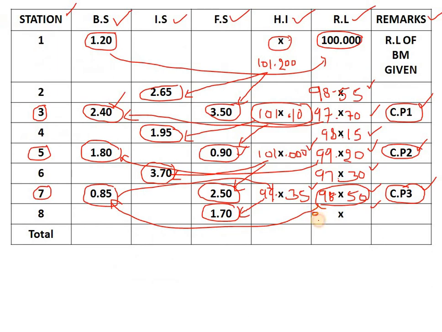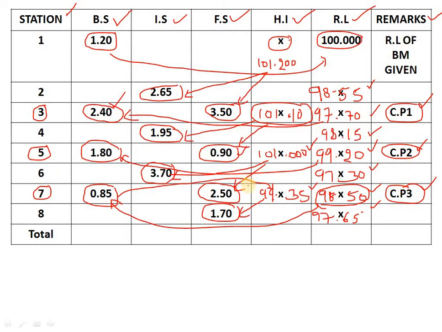So this last reading is 97.65. Now we have got all the station points' RLs and heights of the instruments. By this method we first calculate the height of the instrument and then the reduced levels.